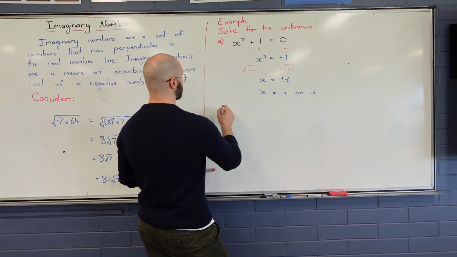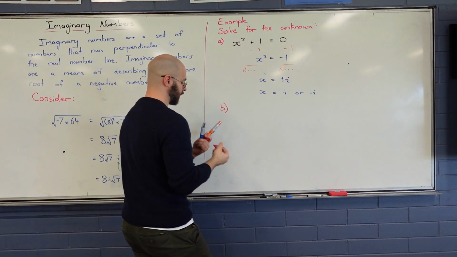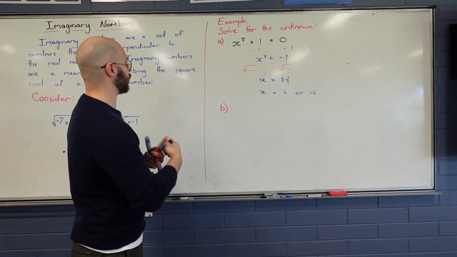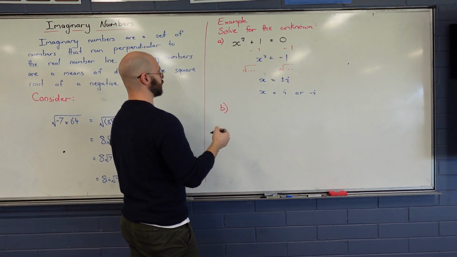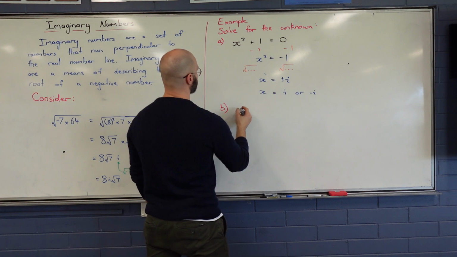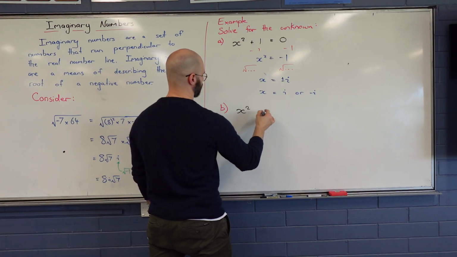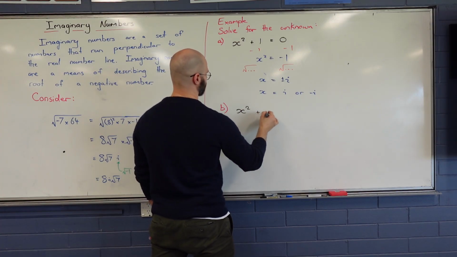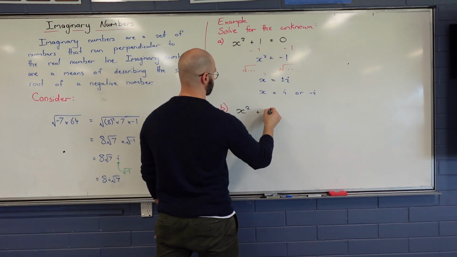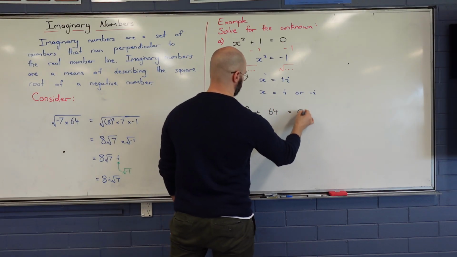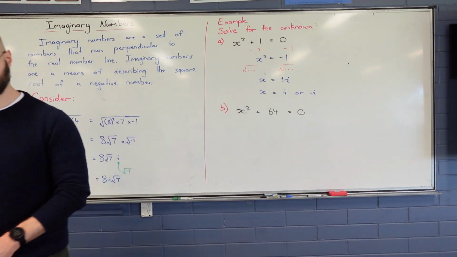And then we're going to do something slightly different to where you'll start off in the textbook. Let's say x squared plus 64 equals 0. What will this one be?